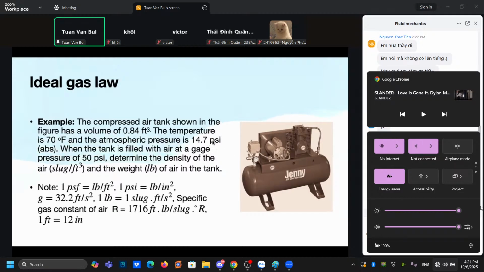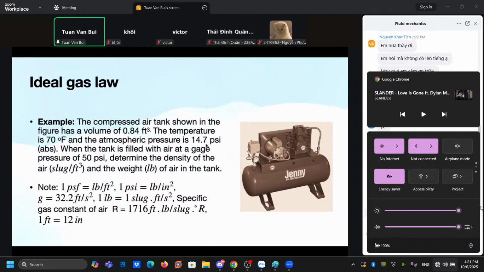So what you need to do is convert all of them to the BG system. We have slug per cubic feet, and weight in pounds. So this means we are calculating the value in the BG system.